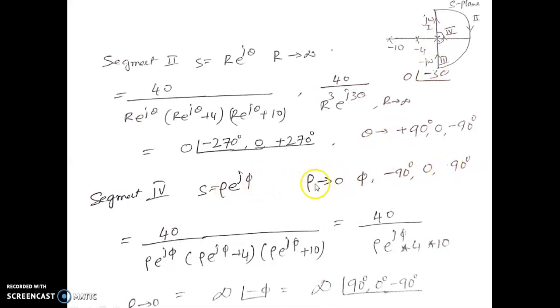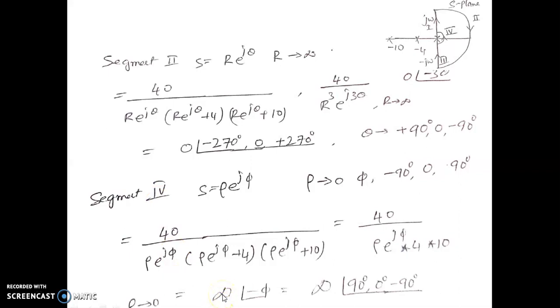And rho is tending to 0 because I'm not supposed to uncover any portion on the right hand side, and it should not pass through any pole or zero at the origin. So segment 4 on the GH plane has a magnitude of infinity, and it starts with a phase of plus 90 degree, 0 degree, and minus 90 degree. That's what the mapping of the fourth segment corresponds to.